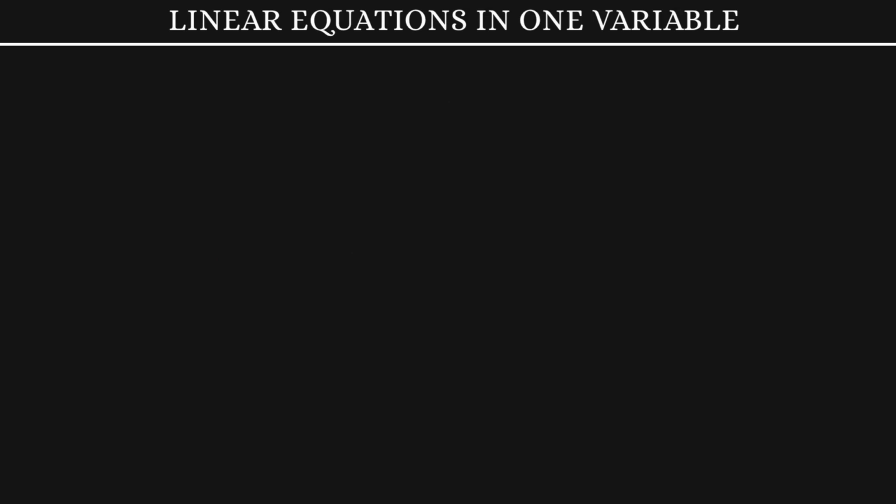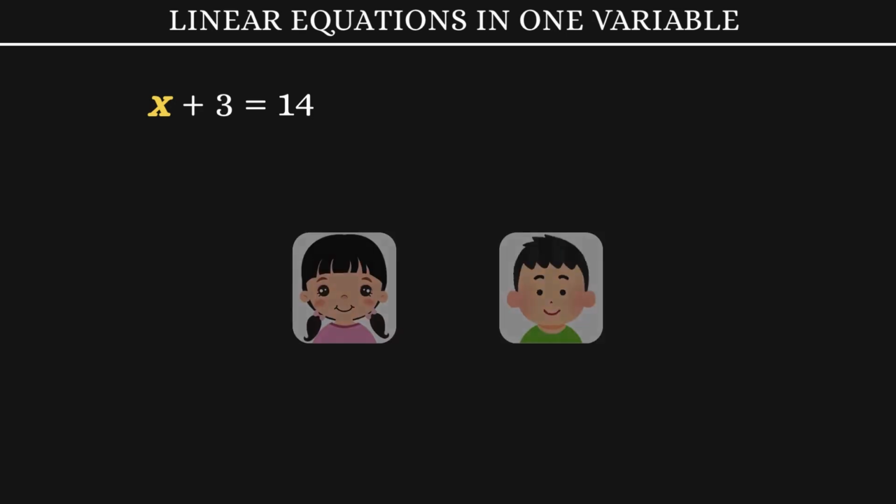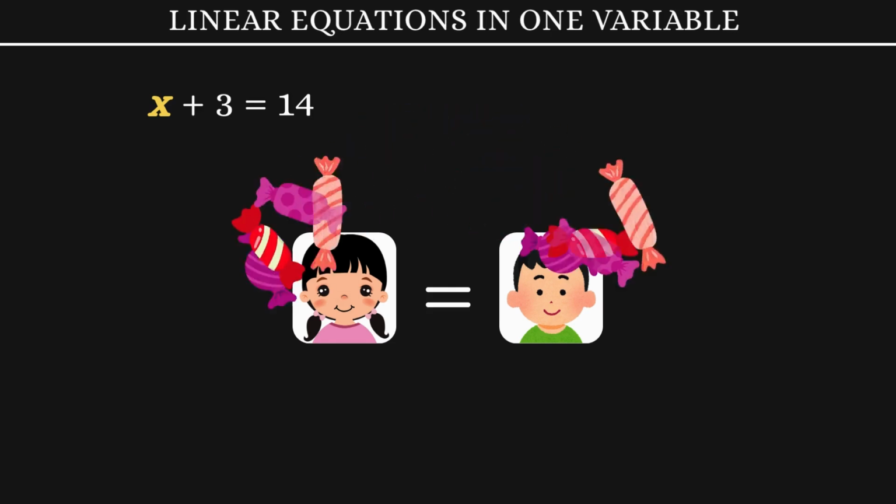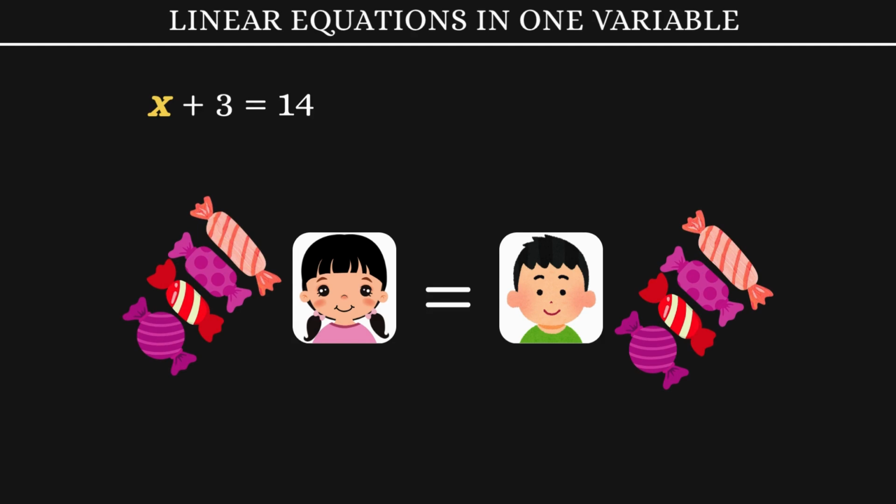First equation, x plus 3 is 14. Before starting, we'll imagine something. In a family, there's a brother and sister who always wanted to be treated equally. So if there are some candies, they want an equal number of candies.